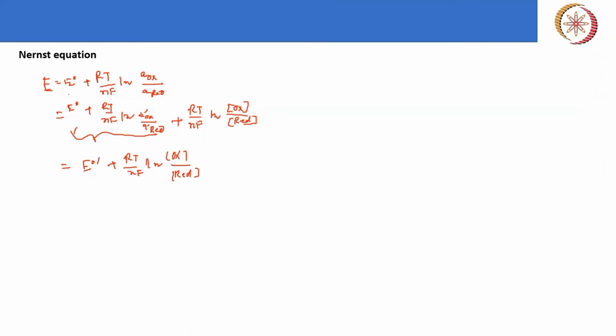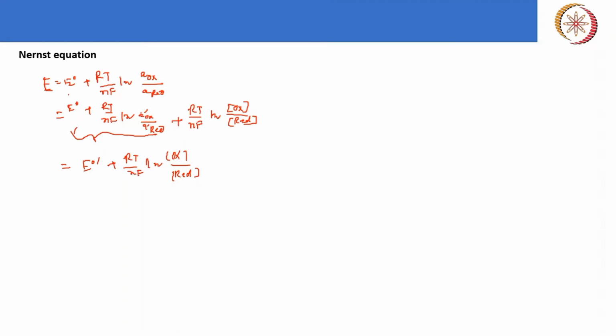So in the Nernst equation we basically use the standard potential. What is the standard potential? It is when you are measuring your analyte system in the standard condition, suppose at 1 atmosphere pressure and standard temperature.